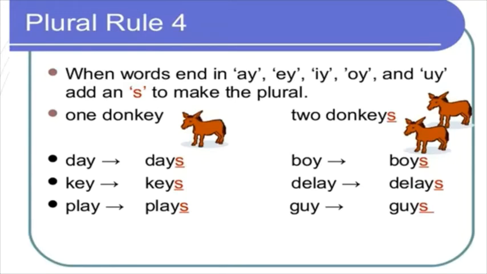So the noun word is donkey and the last letter is y and there is a vowel letter before y. So when we want to pluralize it, we have to add only s letter. And there are 6 examples. Read these words and study how to form them into plural form.